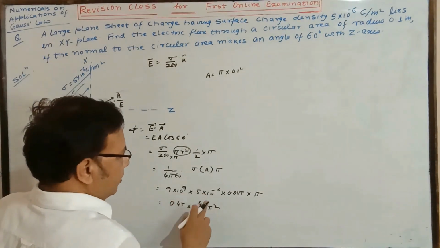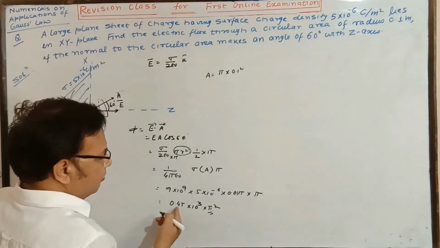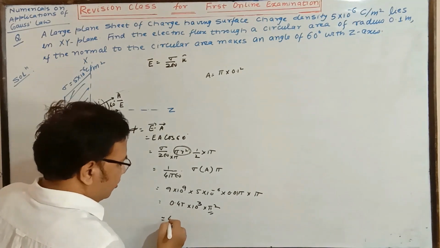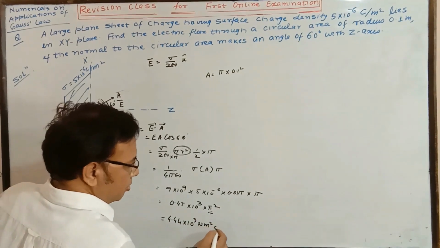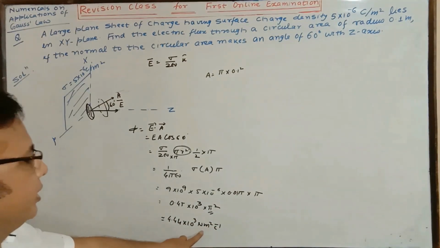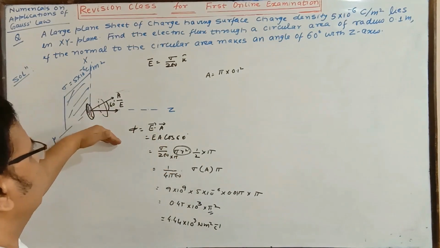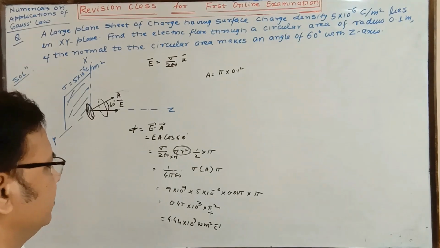This should be 10 to the power 3. Pi square is around 9.87. If you multiply it with 0.45, around 4.44 is what you are going to get, into 10 to the power 3 SI unit. So the SI unit is newton meter square per coulomb. Here you take cos 60 or cos minus 60, that does not matter because cos minus theta is cos theta, so the result remains the same.